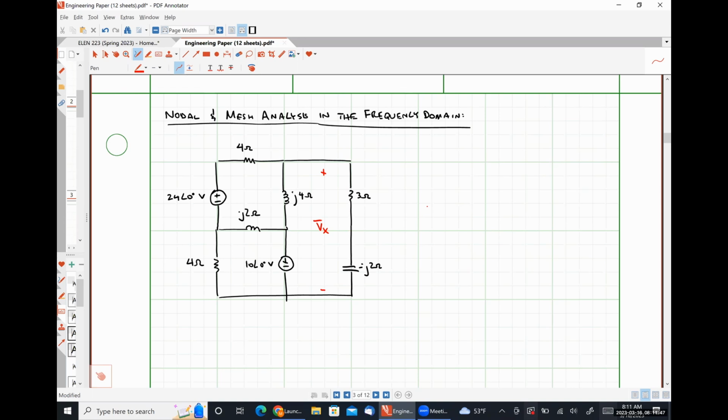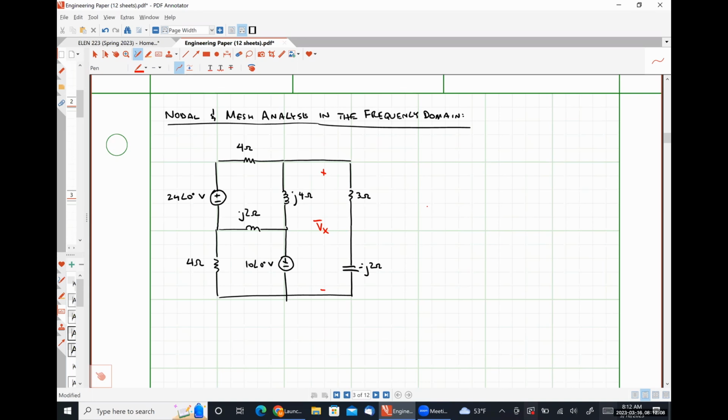So a circuit of this complexity isn't going to be able to be solved using the techniques that we developed or reviewed in the last class. So we're not really going to be able to throw Kirchhoff's current law, Kirchhoff's voltage law, voltage division, current division, Ohm's law, things like that at it. Those are going to be parts of our analysis, but it's not going to be enough.